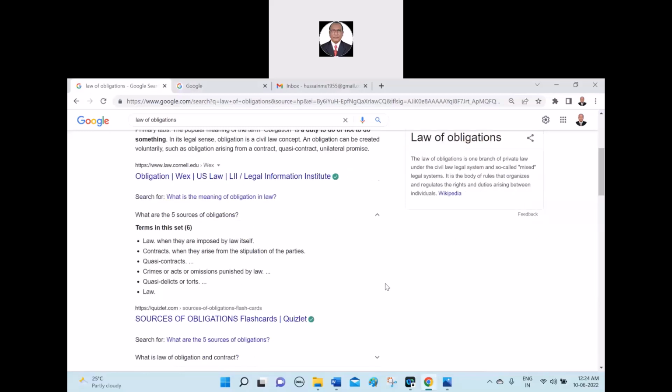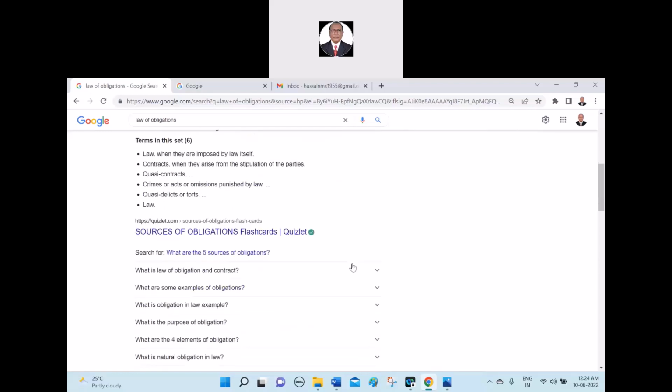So there are six sources: law, when they are imposed by the law itself; contract, when they arise from the stipulation of the parties; quasi-contracts; crimes, act or omission punished by the law; and quasi-delicts or torts. So these all come under obligations. Is it clear?